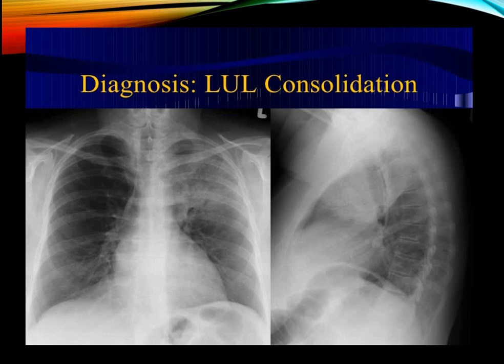So from the PA X-ray this lesion is mostly in the left upper lobe. If we come to the lateral chest X-ray, we notice that we indeed have the oblique line. This oblique line represents the oblique fissure, and anterior to it there is an opacity representing the patchy opacification in the upper lobe.